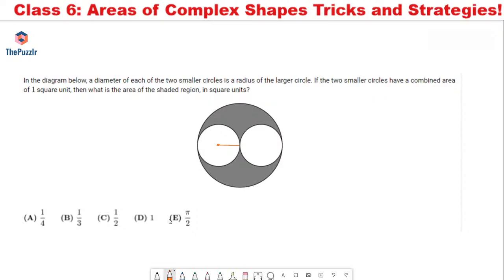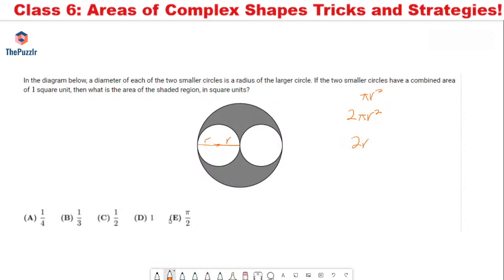What I'm going to do is, I know this is r. So the area of this circle is pi r squared. There's two of them. So the total area is 2 pi r squared. So of the two white circles, the total area is 2 pi r squared. Now the diameter is 2r. And this is the radius of the bigger circle that's partially shaded, right?